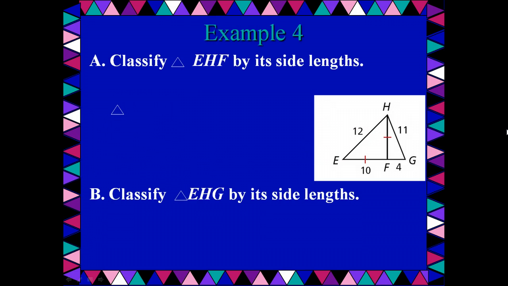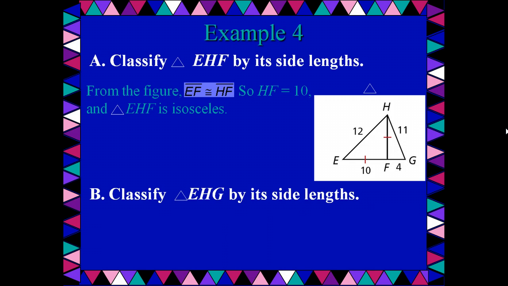Let's classify triangle EHF by its side lengths. From the figure, EF is congruent to HF, so HF is 10. This means it has 2 congruent sides, and it is an isosceles triangle. Let's look at triangle EHG.